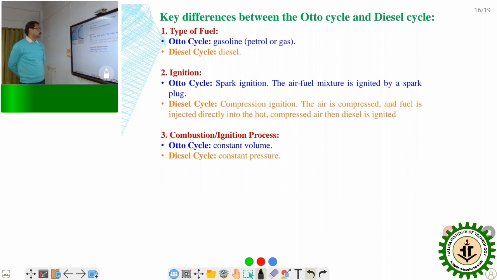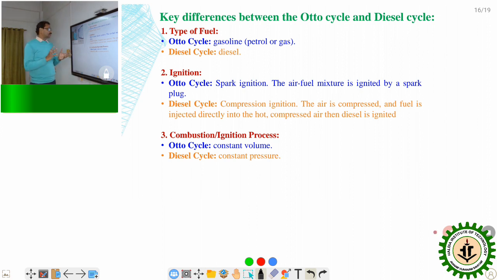And for ignition, in the Otto cycle, spark ignition, that is a spark plug, is used, because here the air and petrol are mixed in the carburetor outside the cylinder and transferred into the cylinder. In the diesel cycle, only air is sucked into the cylinder during the suction stroke.